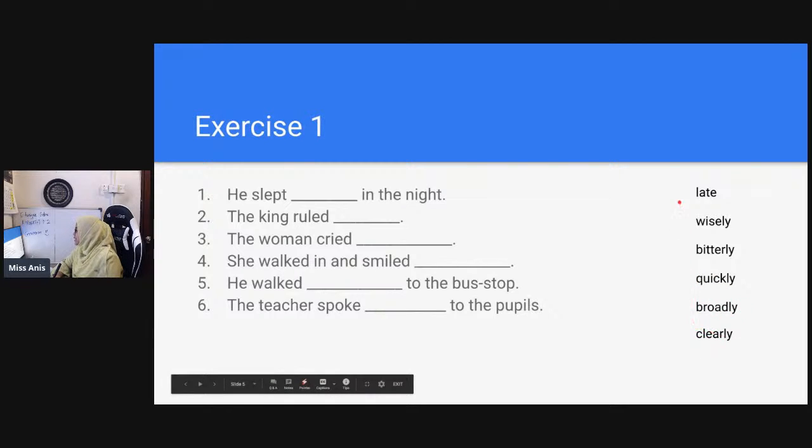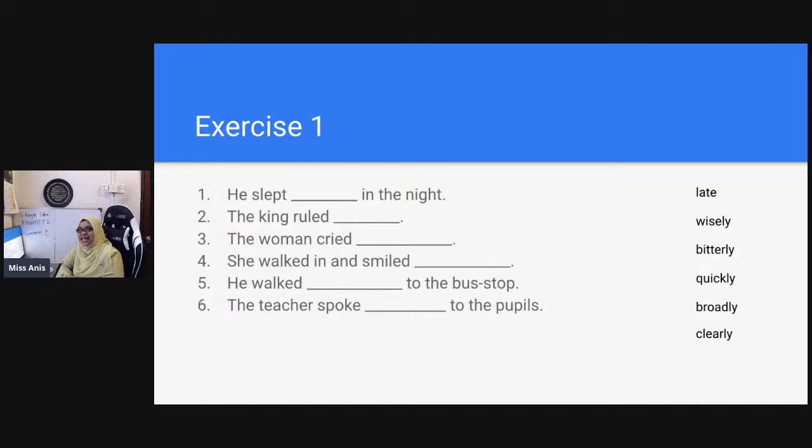So dekat sini selain daripada kena faham konteks, kadang-kadang ada jugalah orang nak kena buat formula ke apa, your logic is also being tested here. Okay, so this is where we would say rational, ataupun you need to be logical or rational when you try to answer this kind of question.